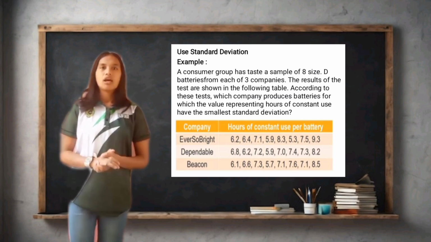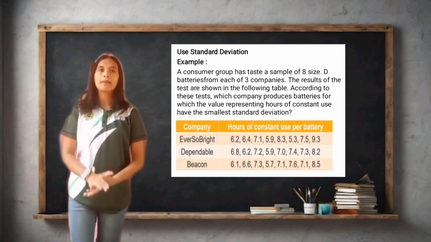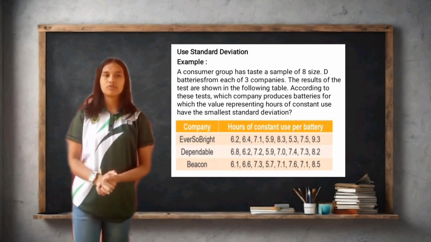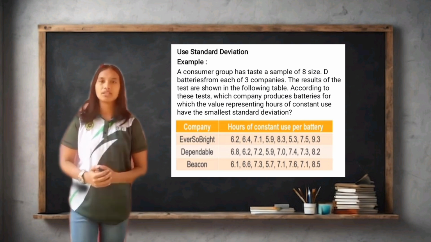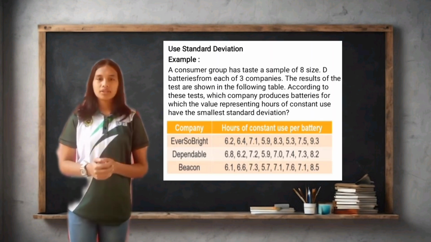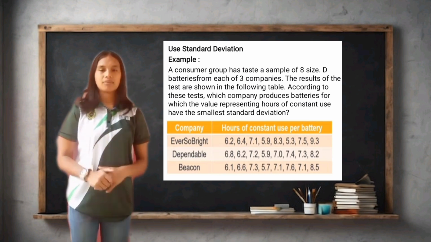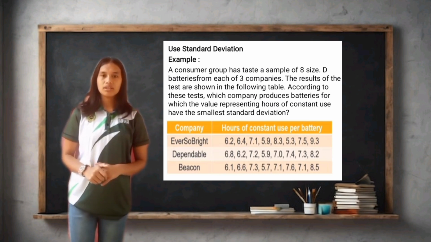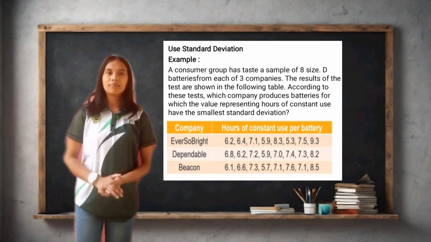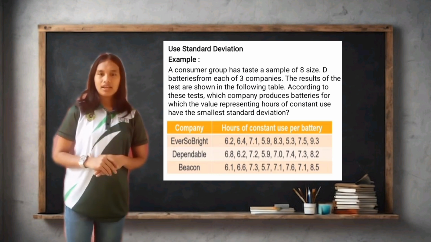For Ever So Bright, hours of constant use per battery are 6.2, 6.4, 7.1, 5.9, 8.3, 5.3, 7.5, and 9.8. For Dependable: 6.8, 8.2, 7.2, 5.9, 7.0, 7.4, 7.3, and 8.2. For Beacon: 6.1, 6.6, 7.3, 5.7, 7.1, 7.6, 7.1, and 8.5.